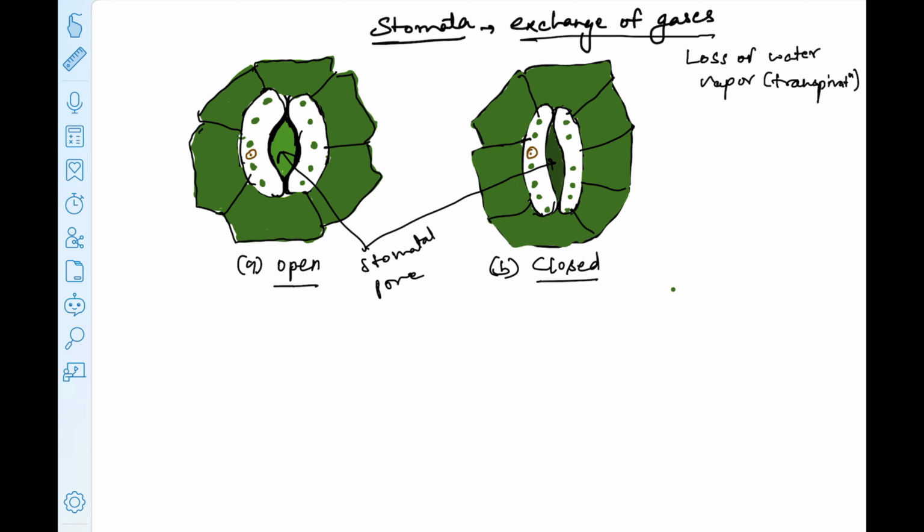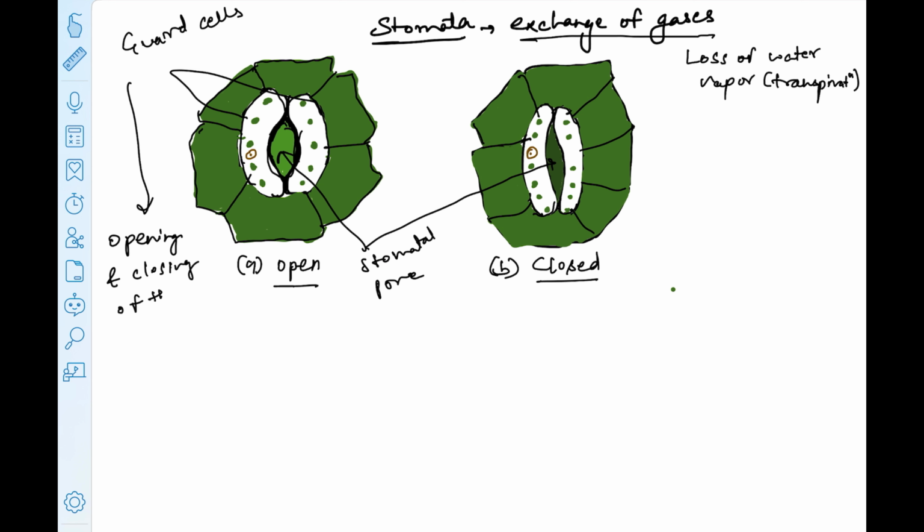Second, they have two kidney bean shaped cells called guard cells. Okay, and they surround each stomatal pore. They control the opening and closing of the pore. Okay, so they can be closed or open depending on the amount they need to take. They become swollen like this.